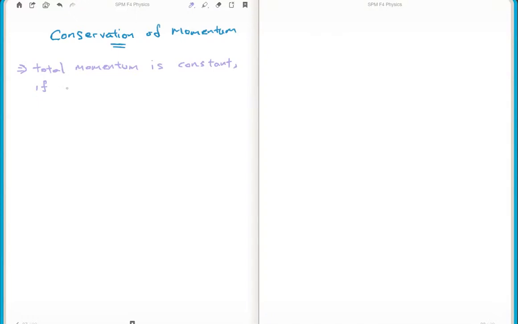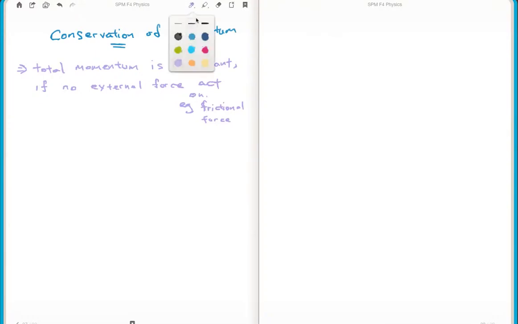If there's no external force acting on the system, like friction, for example frictional force, the total momentum of the system will be constant. No loss of energy, no loss of force.